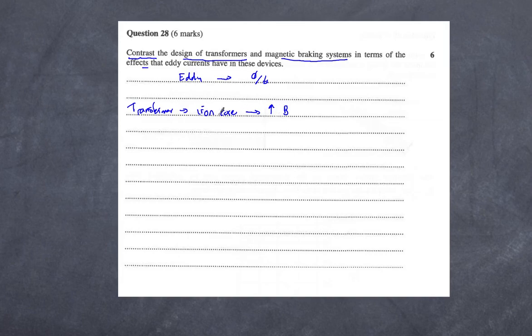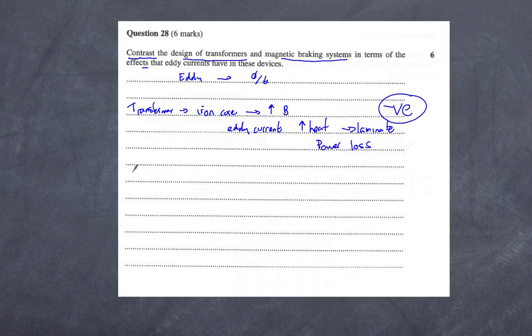However, the iron core is experiencing a rapid change of flux, so you get eddy currents in the iron core, and that causes it to heat up. That means we laminate it to reduce that. So here's our effect: we have a negative issue with the eddy currents in transformers because they cause heating, and as a result we have some power loss.